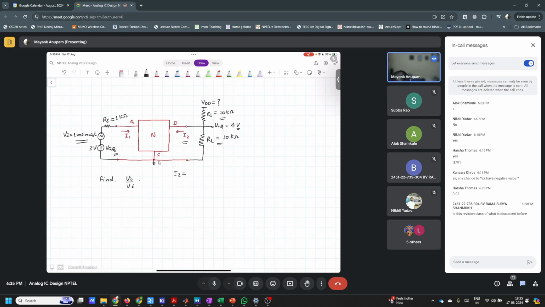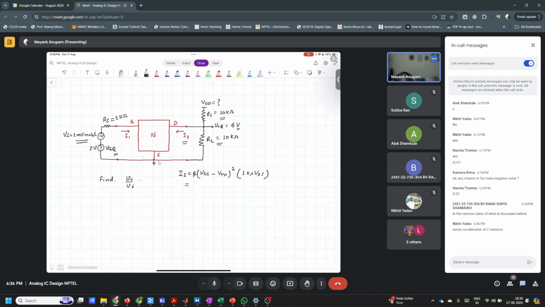I2 is equal to beta times VGS Q minus VTH the whole square into 1 plus lambda times VDS. It is very bothersome to write Q all the time, so please understand that if I use all capital letters, it means that I'm talking about the quiescent point.